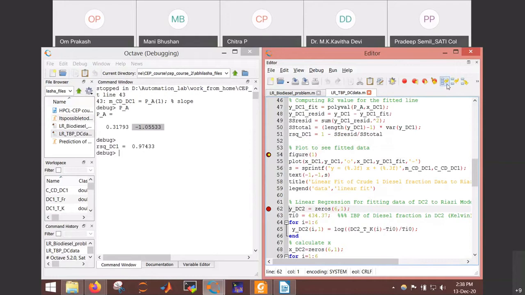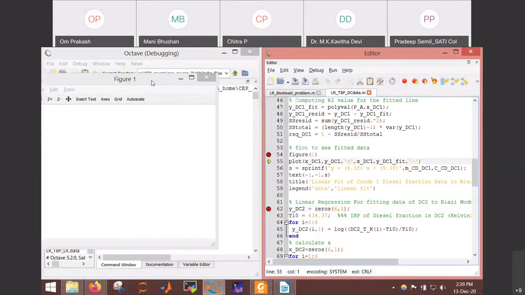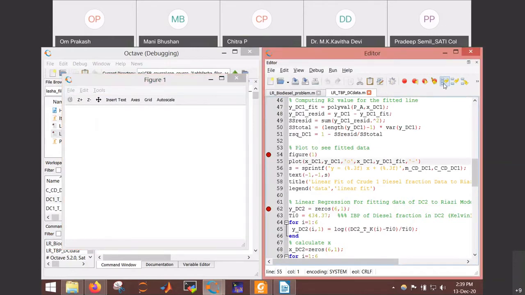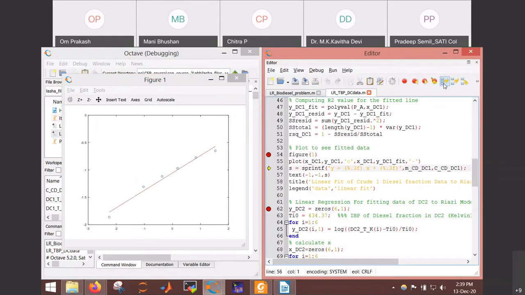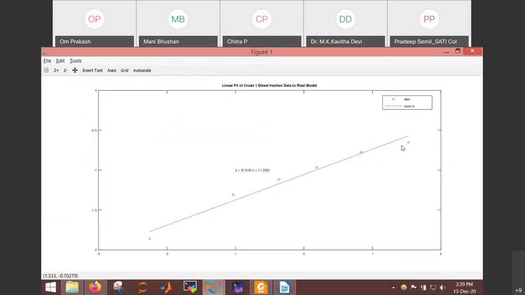You see, I had six points. This is my straight line. This is the equation: my C1, the constant term, and this is the slope, minus 1.055.